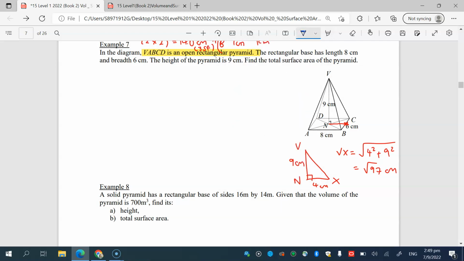And then I'm going to look at, okay, so this one was the red triangle here, V and X. Okay, and I found out what is VX. It is square root 97 cm. Okay, now I need to find out for the other triangle, which is the one facing this way. Okay, look at VAB.